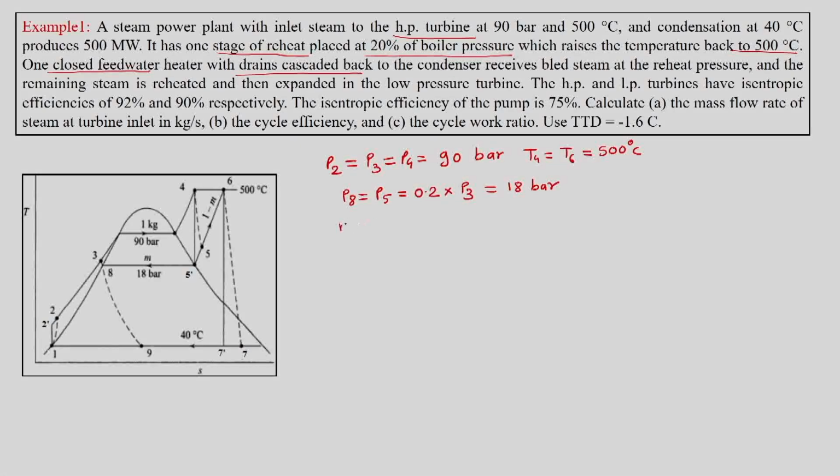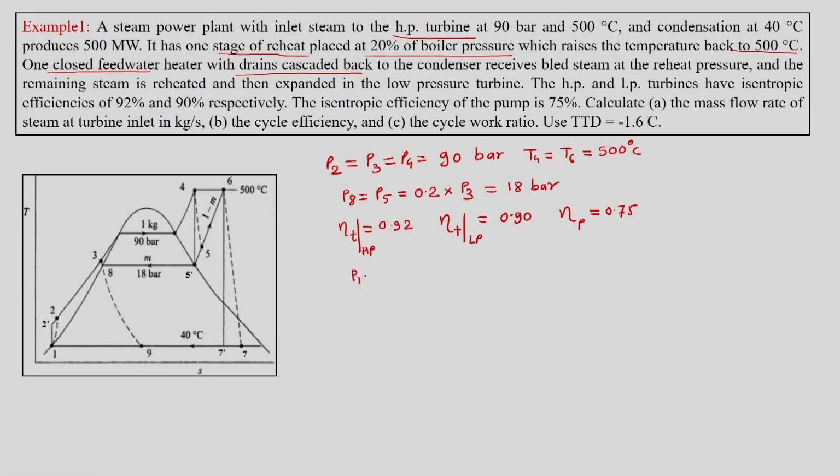We are also given that if it is the HP turbine, then efficiency is 92%, and if it is the LP turbine, then efficiency is 90%, and efficiency of the pump is 0.75. So these are the things which are given to us.